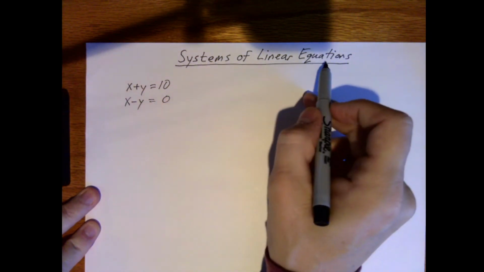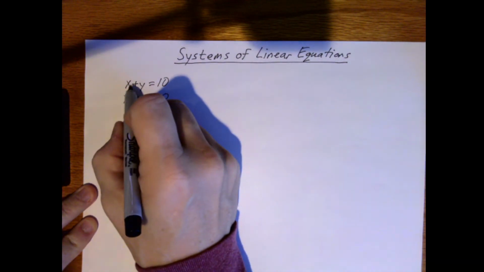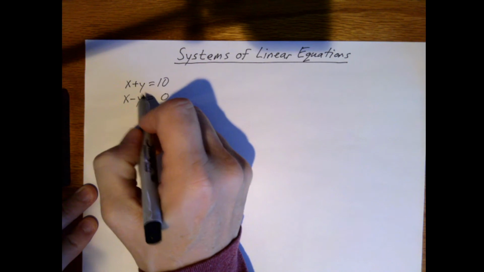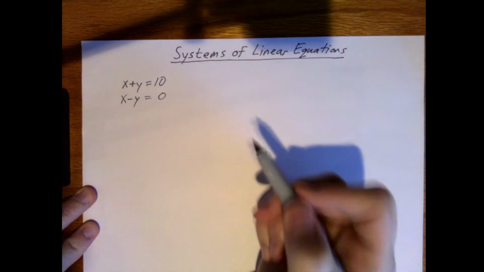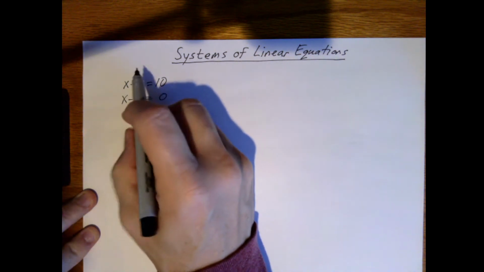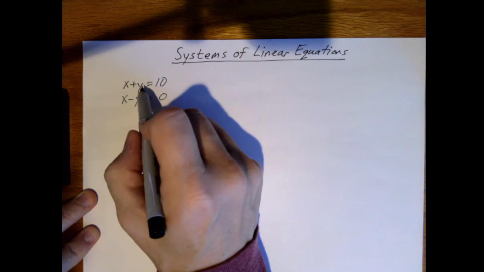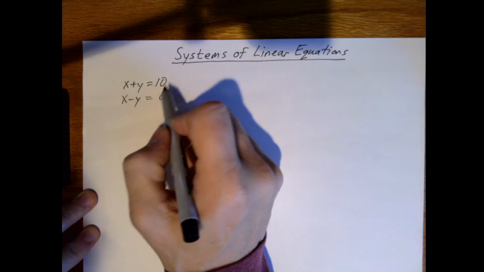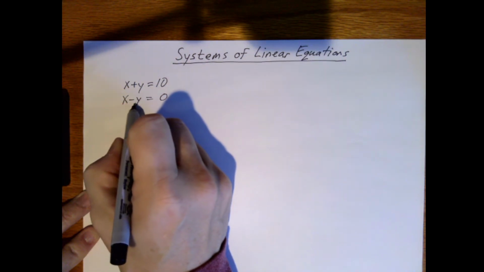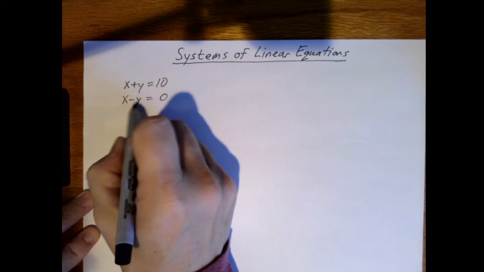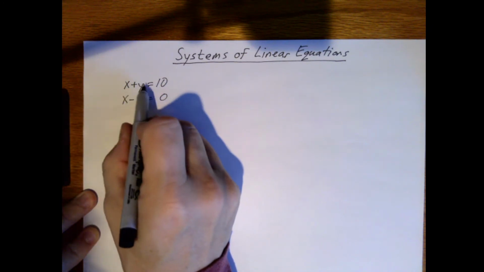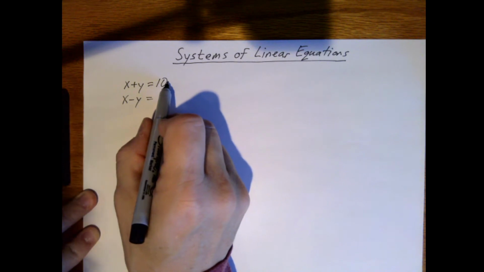A system of linear equations, then, has multiple equations in multiple unknowns, with the same unknowns like we have here. Typically our task is to find those values of x and y that satisfy both equations at the same time. So if I put in 10 minus 10 equals 0, that satisfies the bottom equation, but it won't work on the top equation, right? Because 10 plus 10 doesn't equal 10.